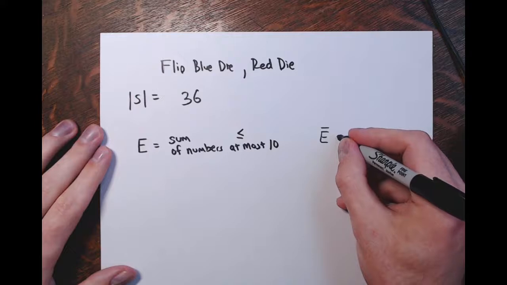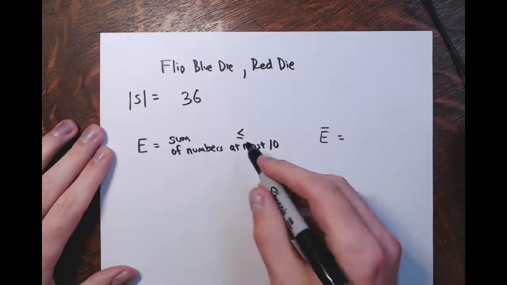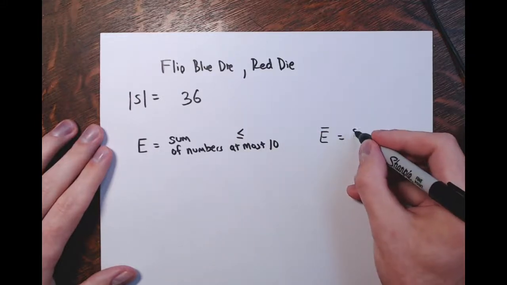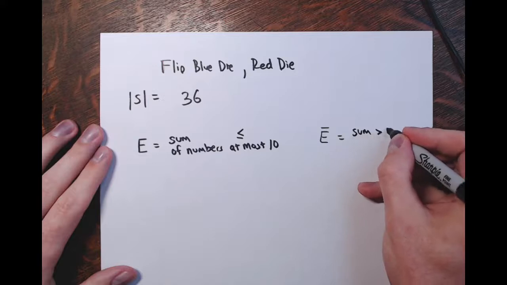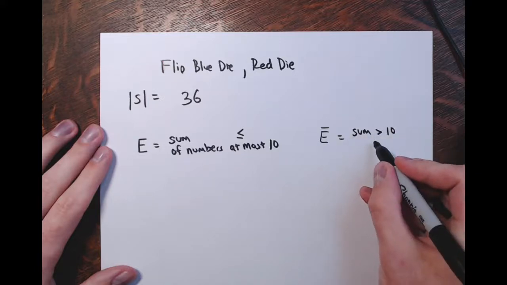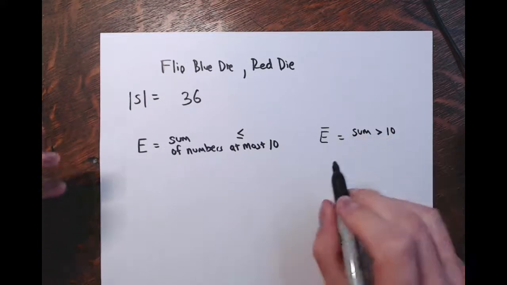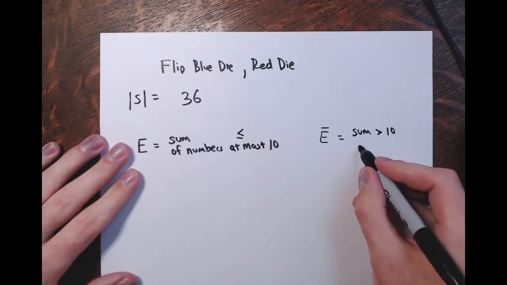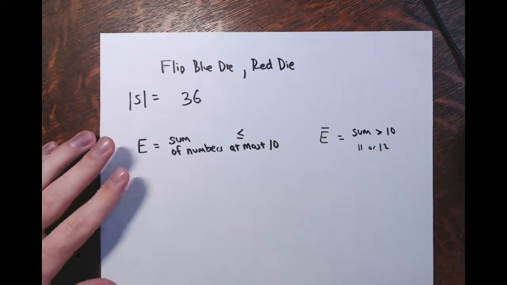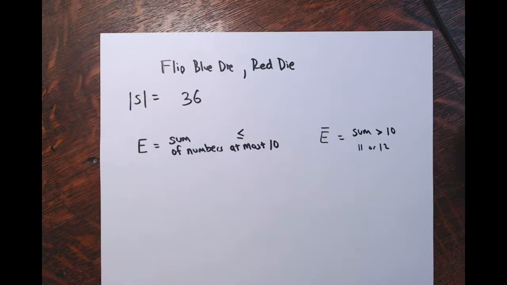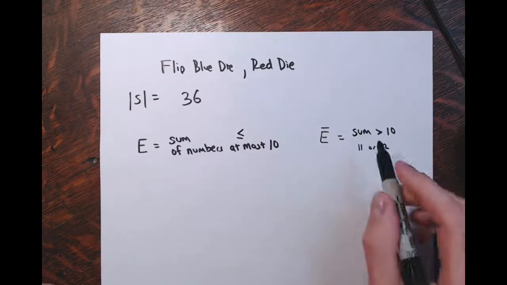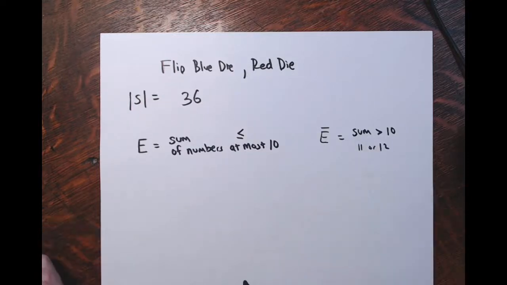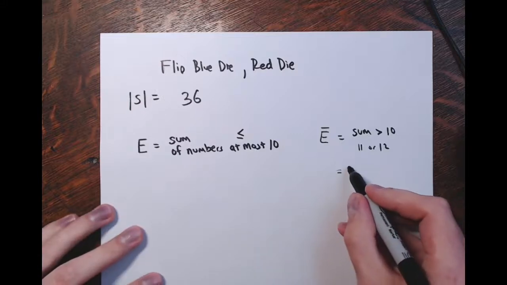Now, the opposite of at most 10, being less than or equal to 10, is being greater than 10, right? The sum is greater than 10, which in terms of dice, if these are two 6-sided dice, this means 11 or 12, because the highest it can get is 6 plus 6. So this event has these outcomes.